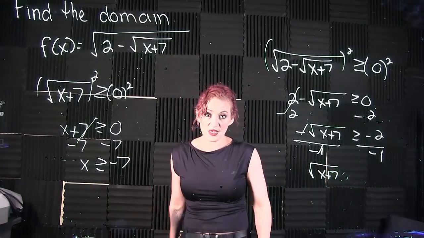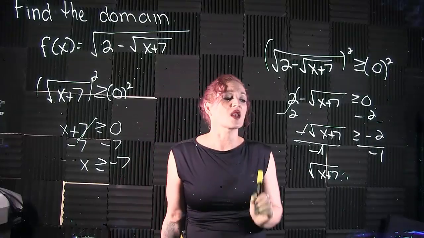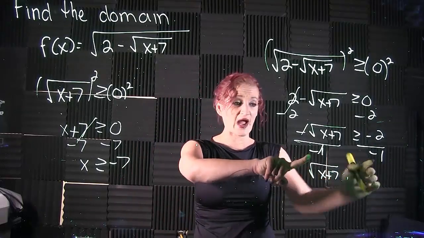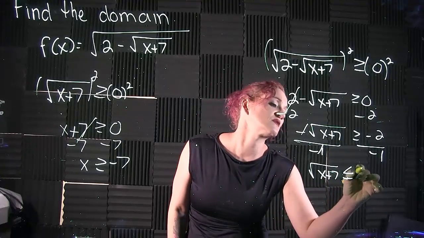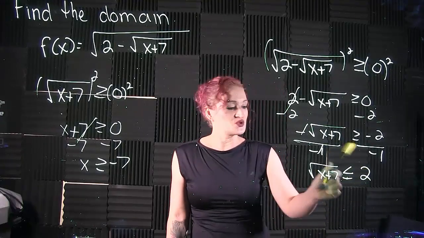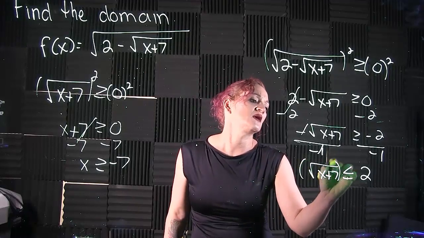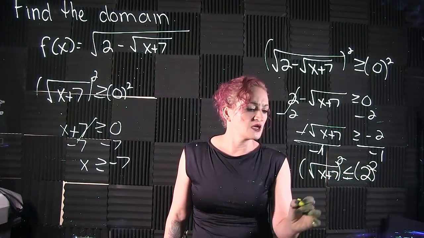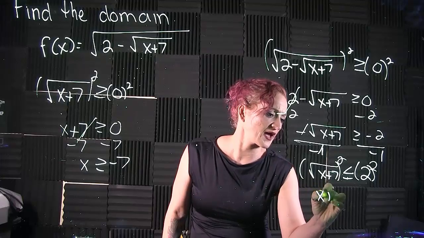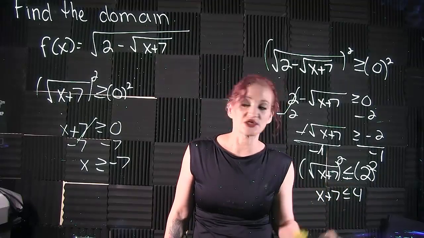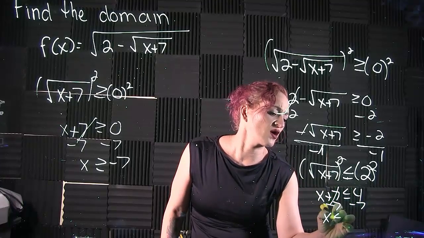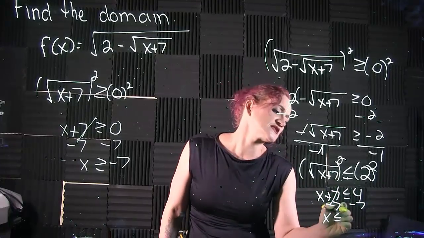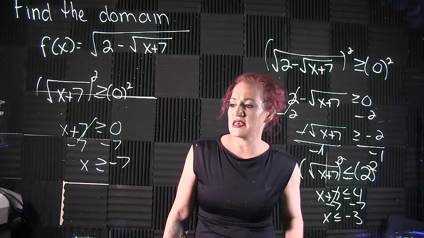Rules of inequality say when you multiply or divide by a negative, you need to remember to flip the inequality symbol. Otherwise, we get a positive 2 on this side. Squaring each side, we are left with x plus 7 is less than or equal to 4. When we subtract 7 on each side, x is less than or equal to negative 3.